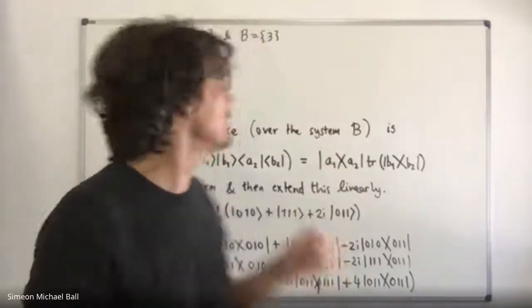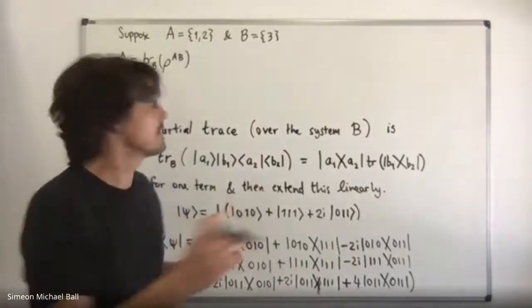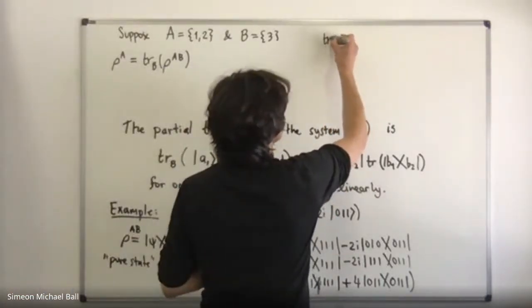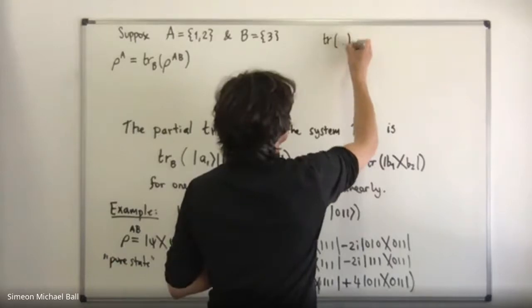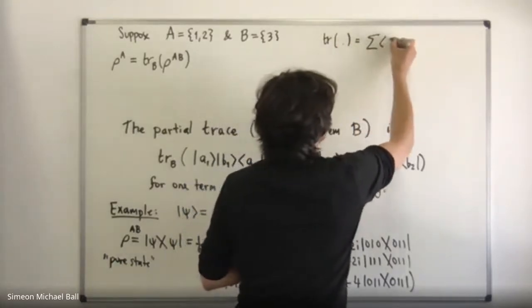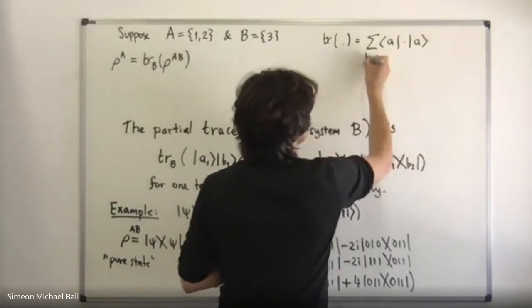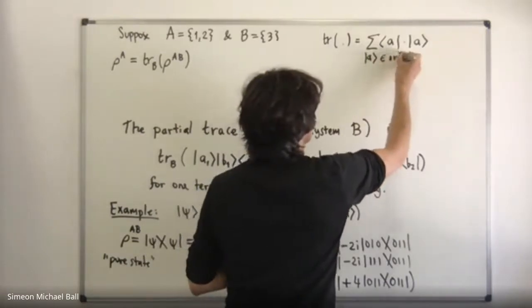So that's going to just be 0 and 1 in the 3rd qubit, and we trace. And recall that the trace, so if we were doing the trace over some basis, the trace of something is the sum over A, and this A goes over an orthonormal basis.